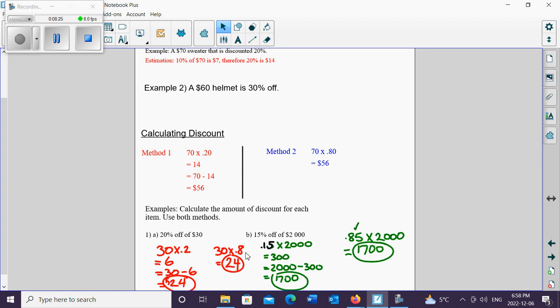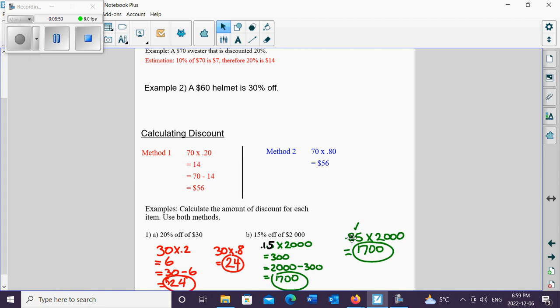Down below, I have done these questions. I didn't erase these ones like I did the others, and I did them both ways. This way I have 30 times decimal 2, 20%, gives me 6. I subtract 6 from 30, and I get 24. Beside it, instead of taking 20% off, I just kept the 80% that I was going to pay, turned it to a decimal, and I got the same 24.